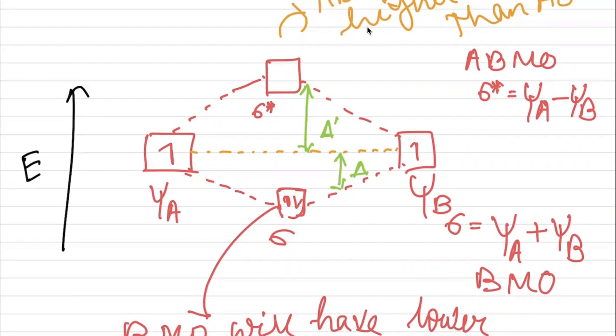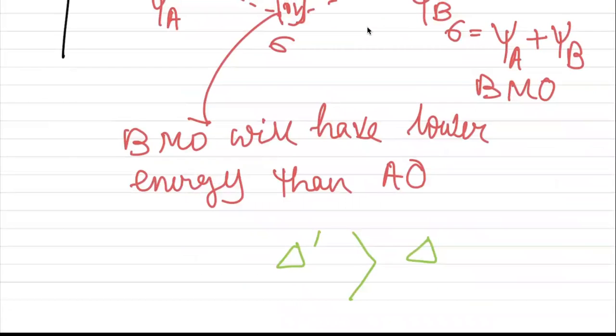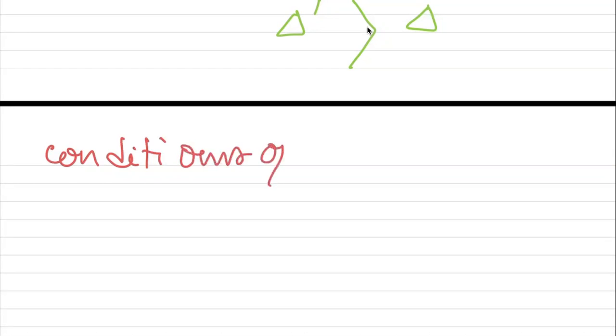Now, bonding, anti-bonding understood properly? Now, conditions for linear combination.